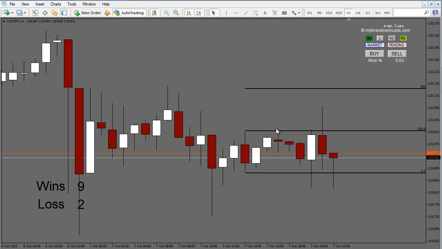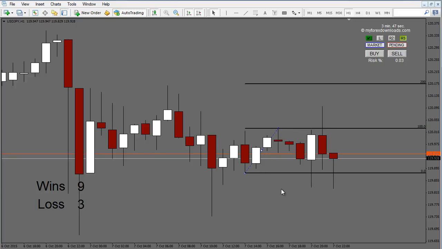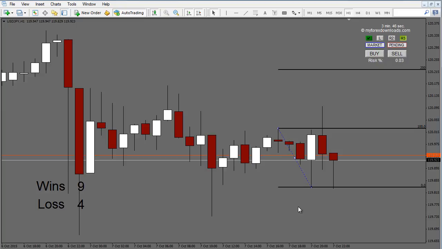This one here, price breaks to go long and comes back and hits our stop loss. The same with this one right here, so that's another losing trade. And this one here looks like a losing trade as well. So in just that small area, we have 9 wins and 5 losing trades.